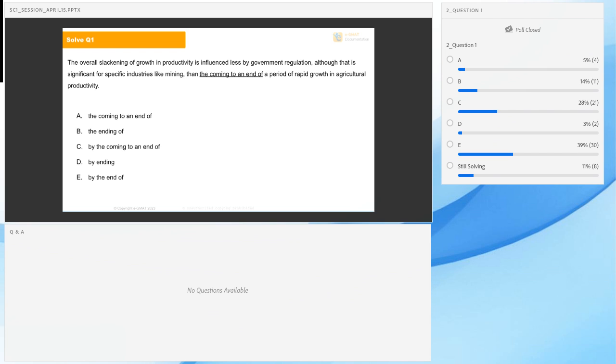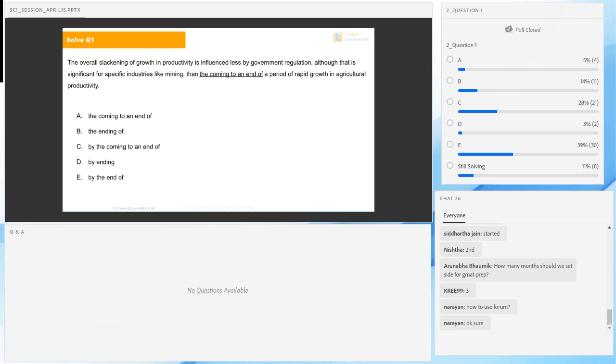What did you make of this question? Interesting question, easy question. Not a clue. Both interesting and easy. Okay, easy. All right.